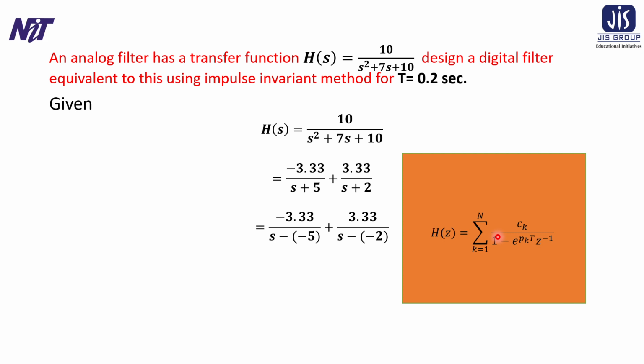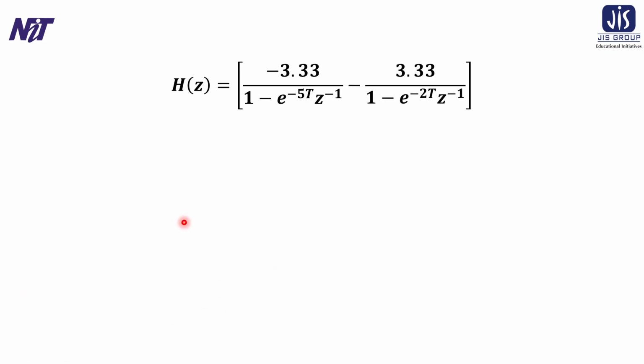Now, there are two poles: one is minus 5, one is minus 2. So H(z) equals A by 1 minus e to the power pk, that is minus 5 into T, into z to the power minus 1. Similarly, B by 1 minus e to the power, where this pole is minus 2.